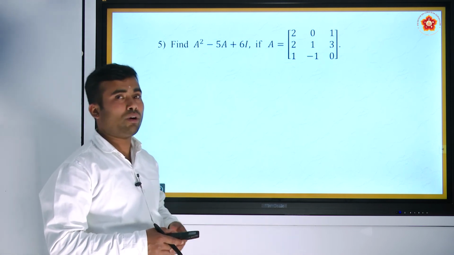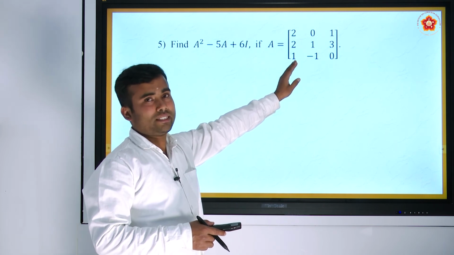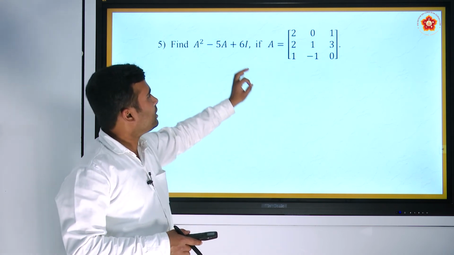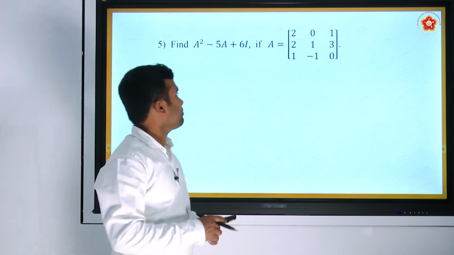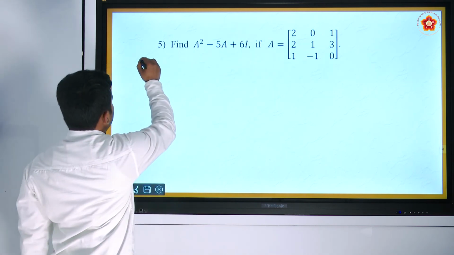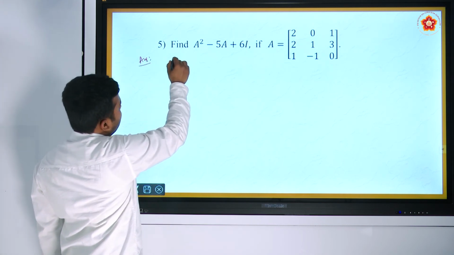Same order means whatever the order of matrix A. What is the order of matrix A here? 3, and you have to take I as the identity matrix of order 3. So let us find A into A here.